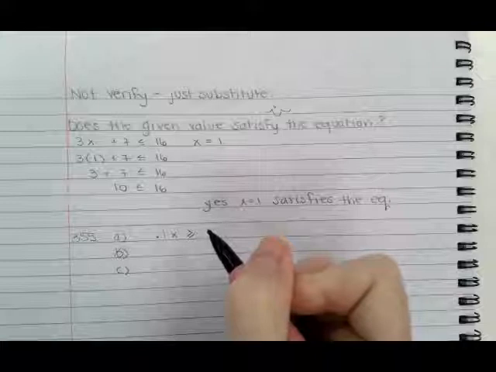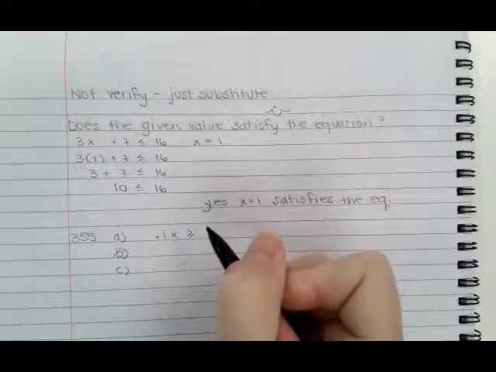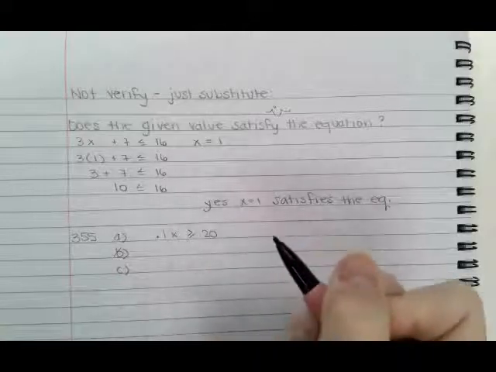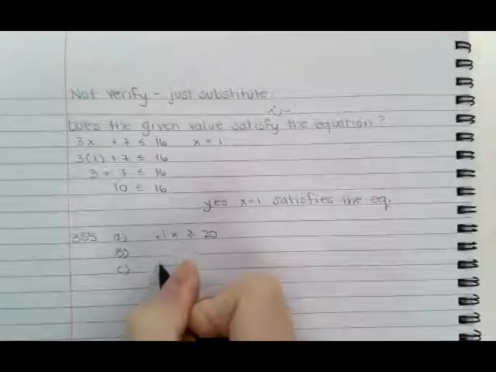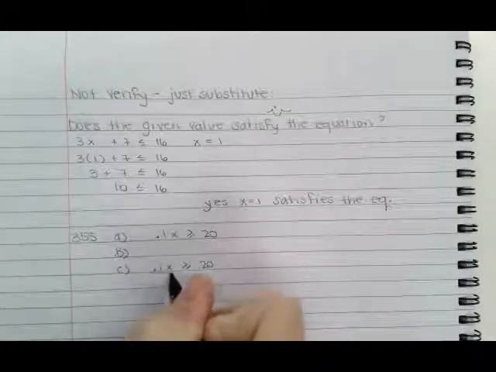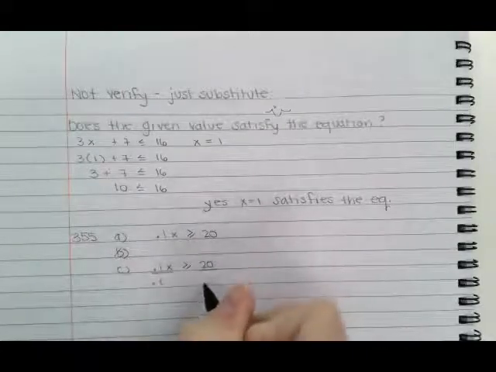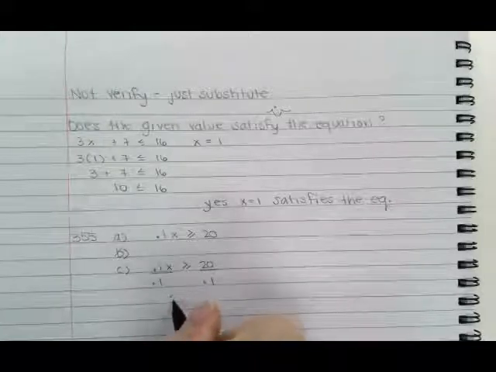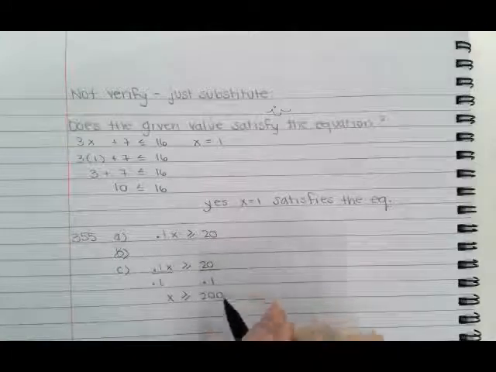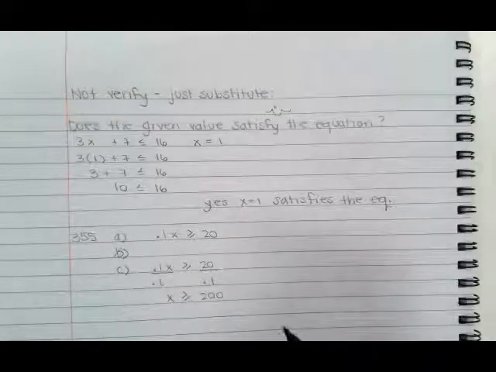Yes, at least will include the number and go up. So greater than or equal to 20. Let's solve this for C, and then we'll think about B. So divide by 0.1, divide by 0.1. X is greater than or equal to 200. So she's got to plant at least 200 trees in order to make $20 an hour.